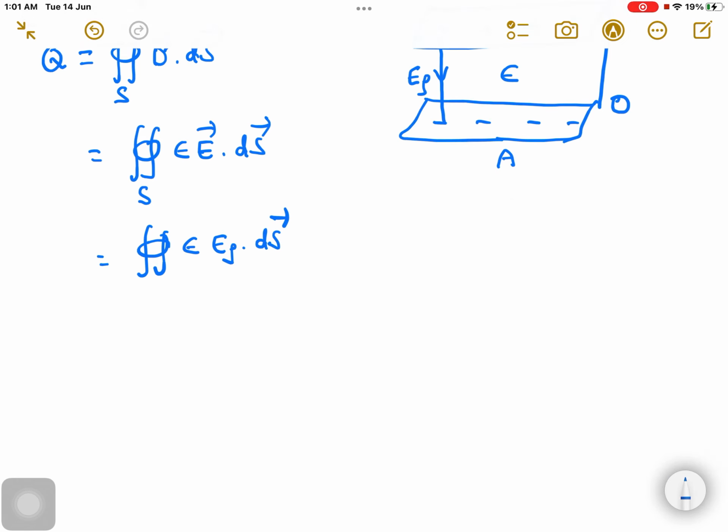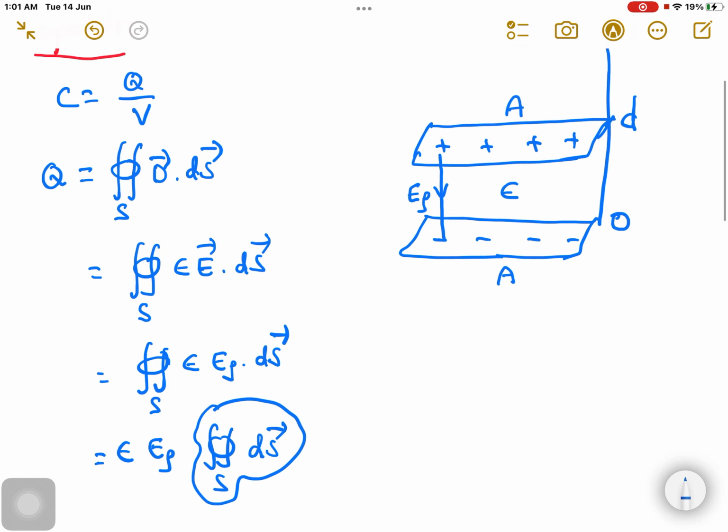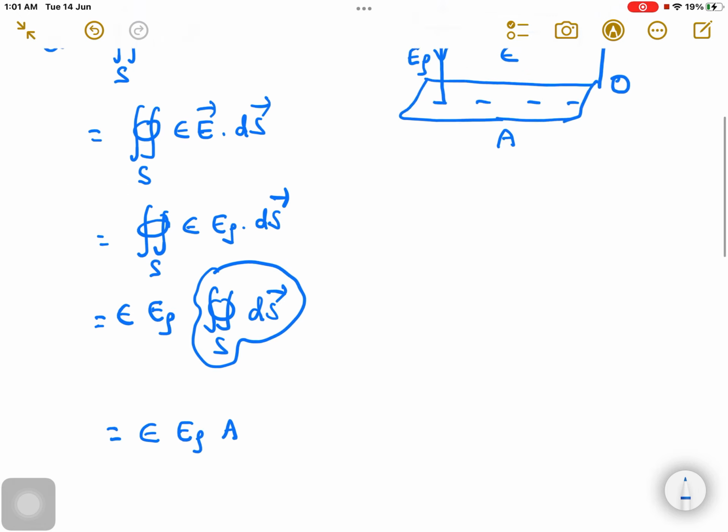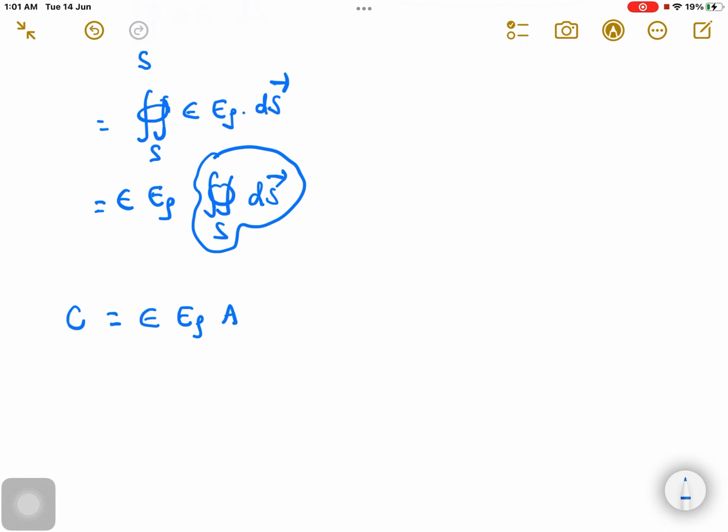Here epsilon and E rho are constants, so we can take them outside of the integral. What remains is the closed integral over S of dS bar, which is nothing but the surface area of the parallel plates. We have already assumed the area as A, therefore it will be epsilon into E rho into A. On the left hand side we have Q.